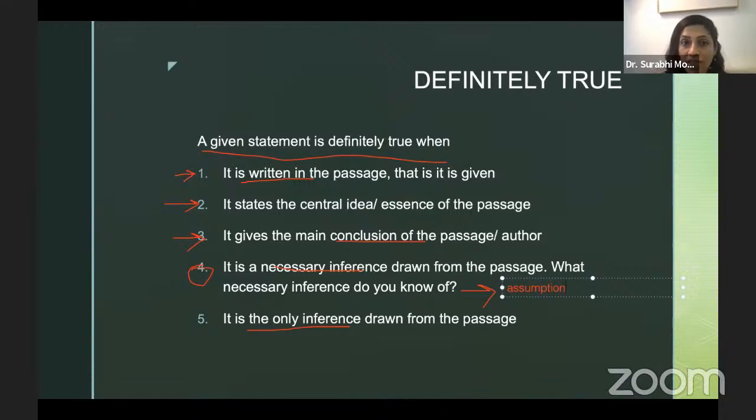So an assumption statement or an inference statement, conclusion, central idea, all these represent definitely true statements after a given passage in this question type. So just note this down and tell me if there is any doubt so far.